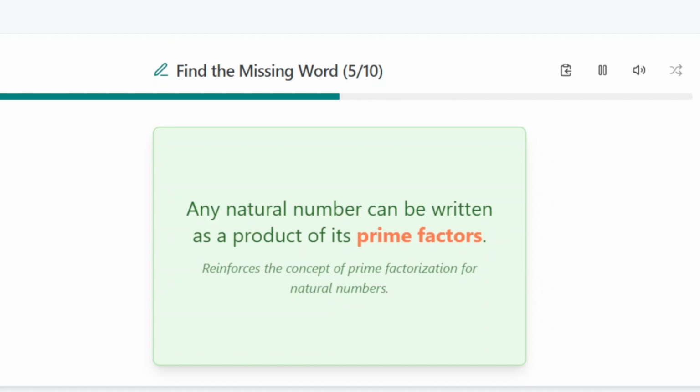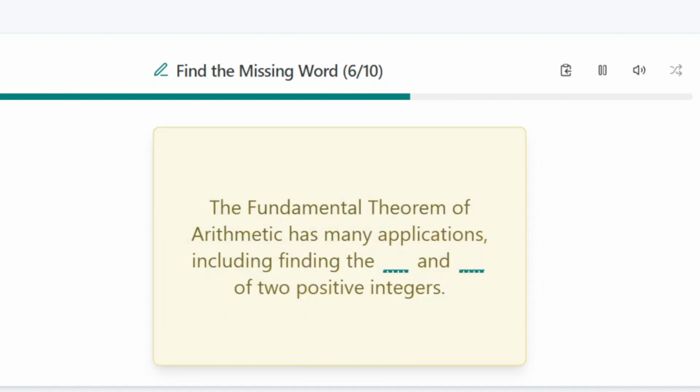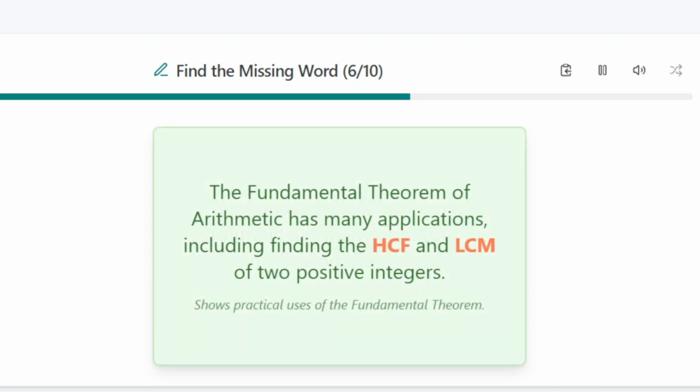Explanation: reinforces the concept of prime factorization for natural numbers. The fundamental theorem of arithmetic has many applications, including finding the blank and blank of two positive integers. HCF, LCM. Explanation: shows practical uses of the fundamental theorem.